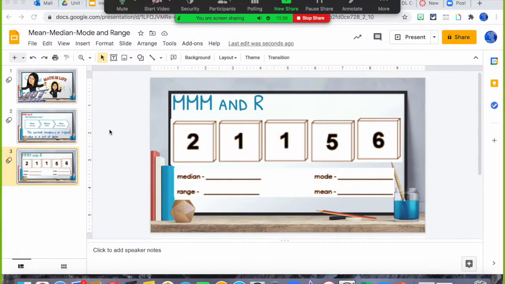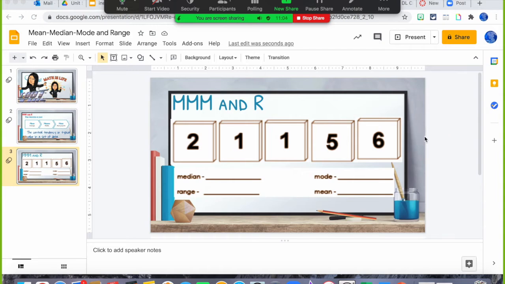This is one of the problems given to you to practice on the mean, median, mode, and range. What we're looking for are all the blanks down here, and they may not be in order, but we will try to find them in order. Remember about your notes. You may go ahead and pull out your notes when you're working on these.